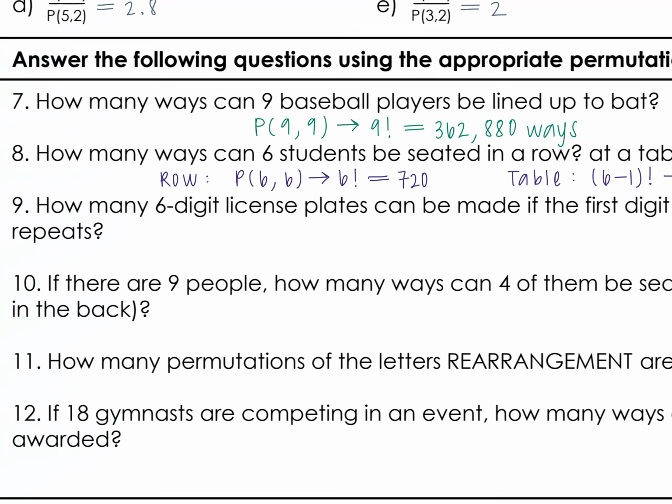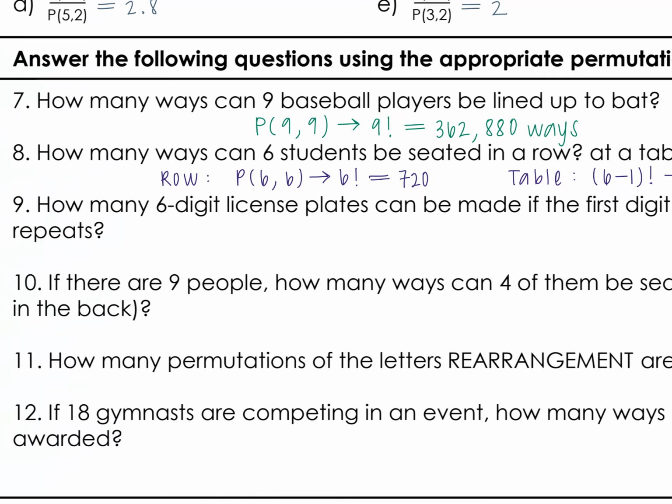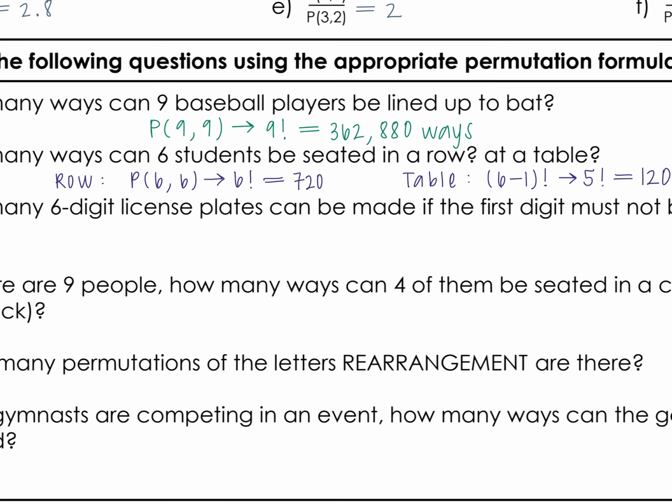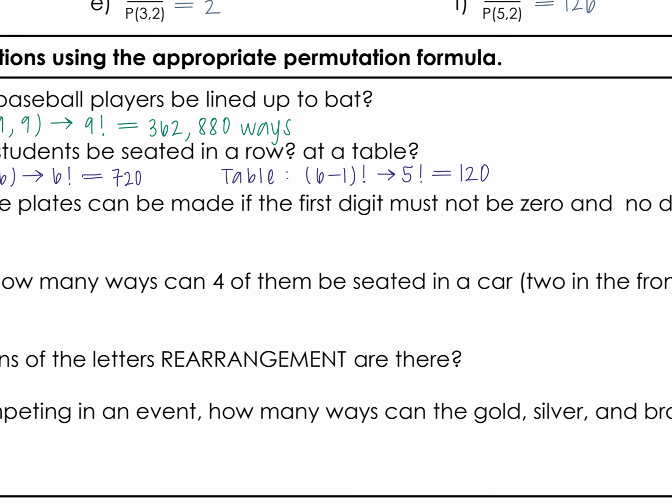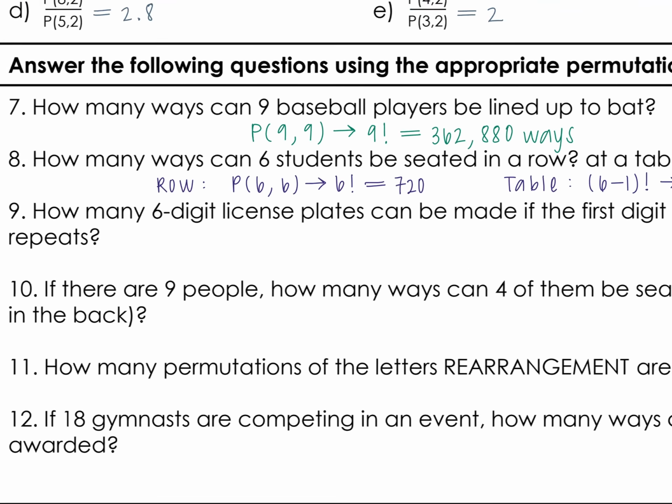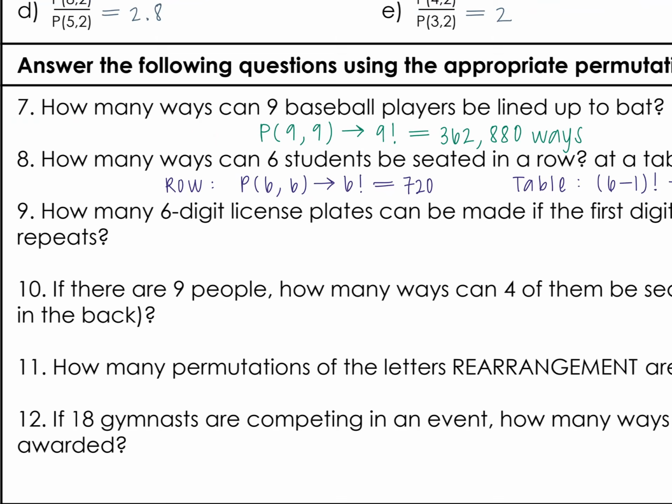All right, we've got number 9. How many 6-digit license plates can be made if the first digit must not be a 0 and no digit can repeat? So for this one, it can be a little tricky. We have 6 places that we can pick for.